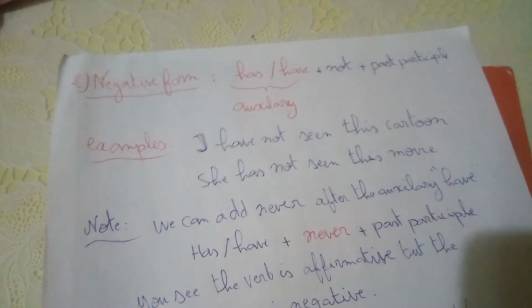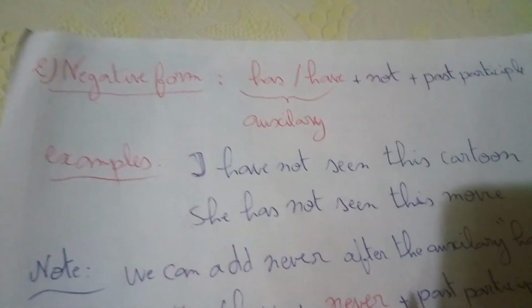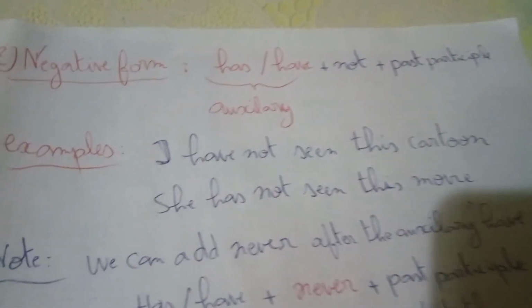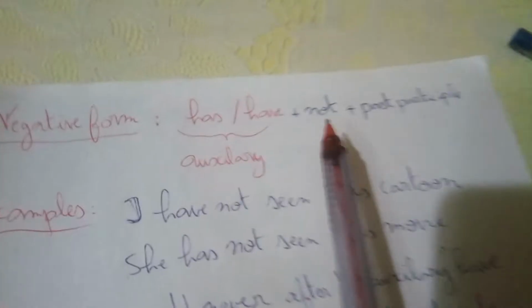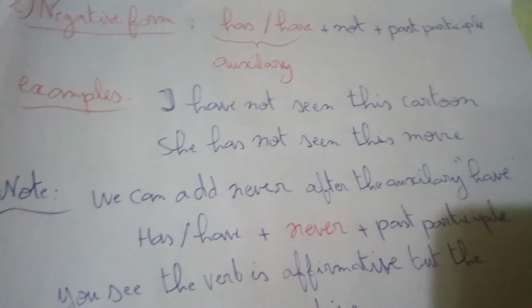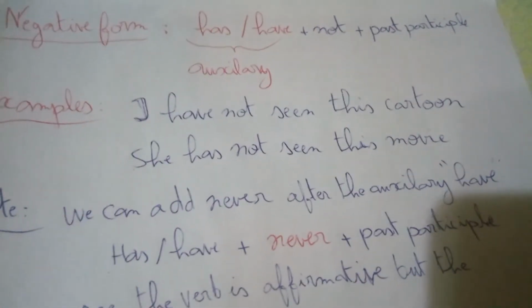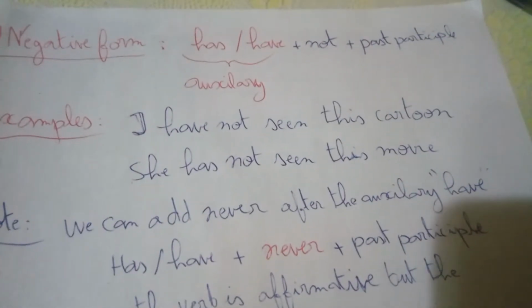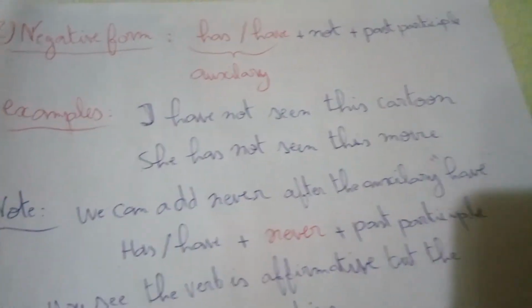Okay, is it clear? Now we move to the next part, the negative form. Here in the negative form, what do we have? We have, as usual, has or have, the auxiliary, plus not, because it is negation, plus the past participle of the verb. For example, I have not seen this cartoon.